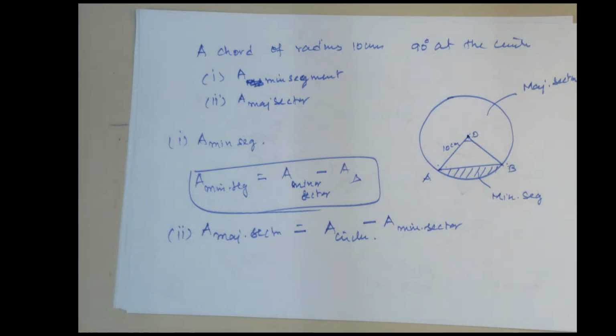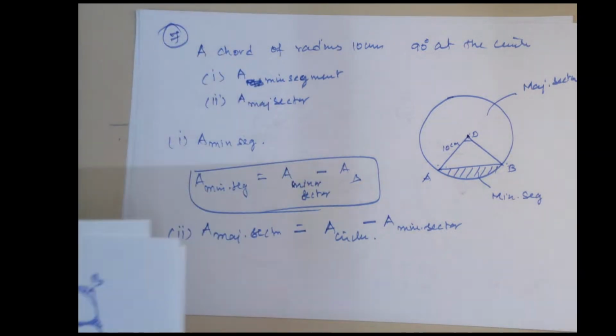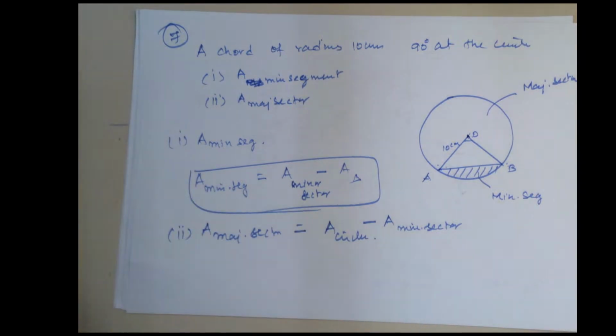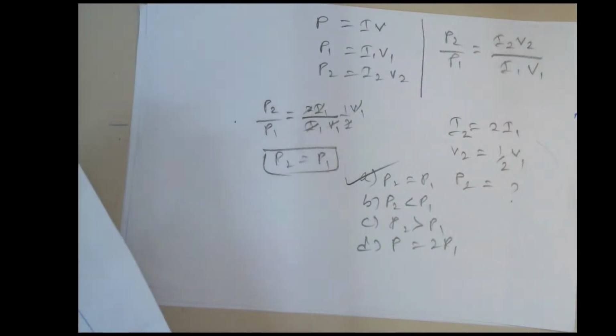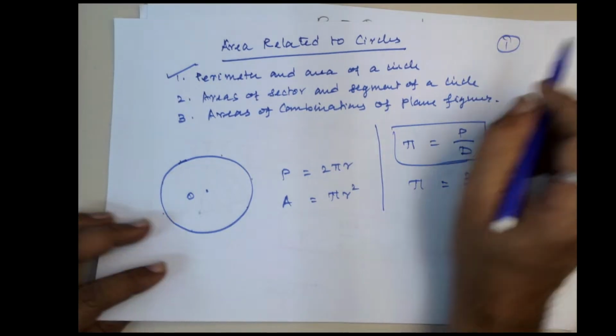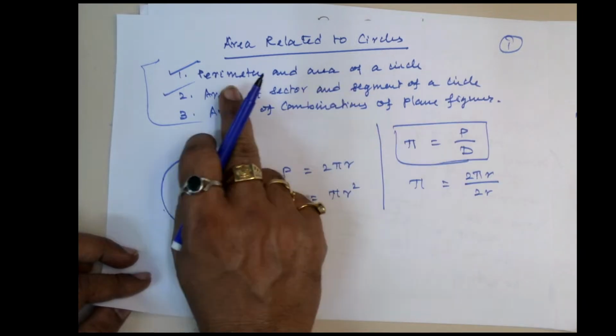So let us recap whatever we have discussed. Try to get me the answers. This is the seventh sum. So we started with the area related to circle, where we just discussed about the perimeter and the area of a circle subtopic.